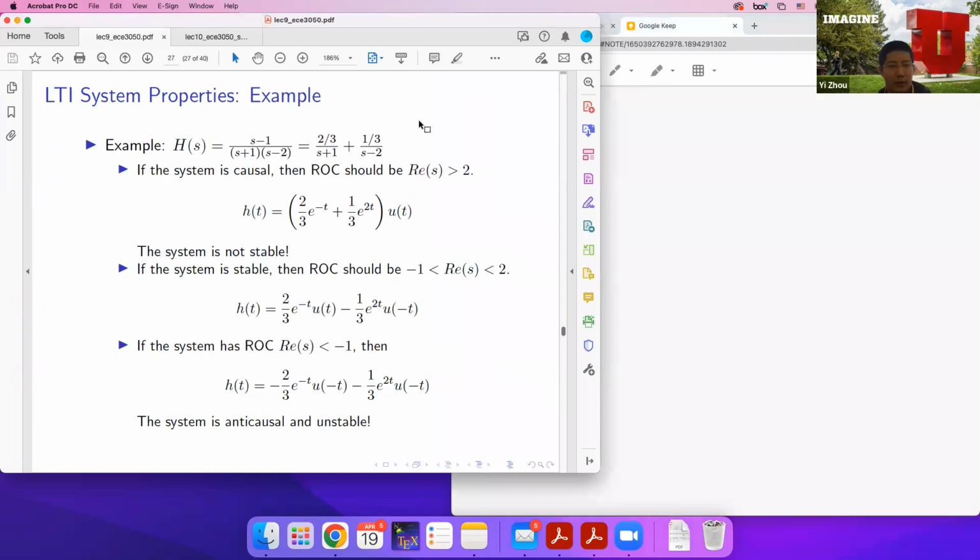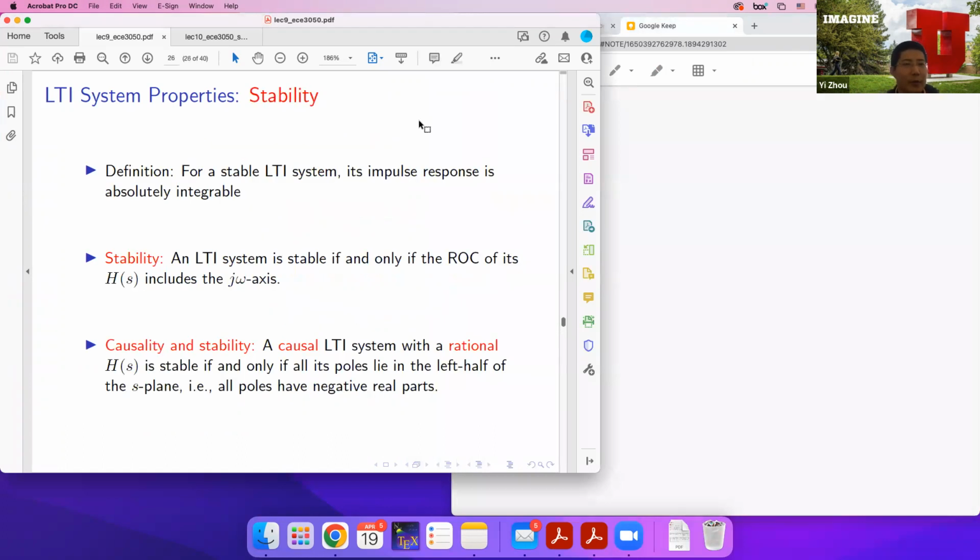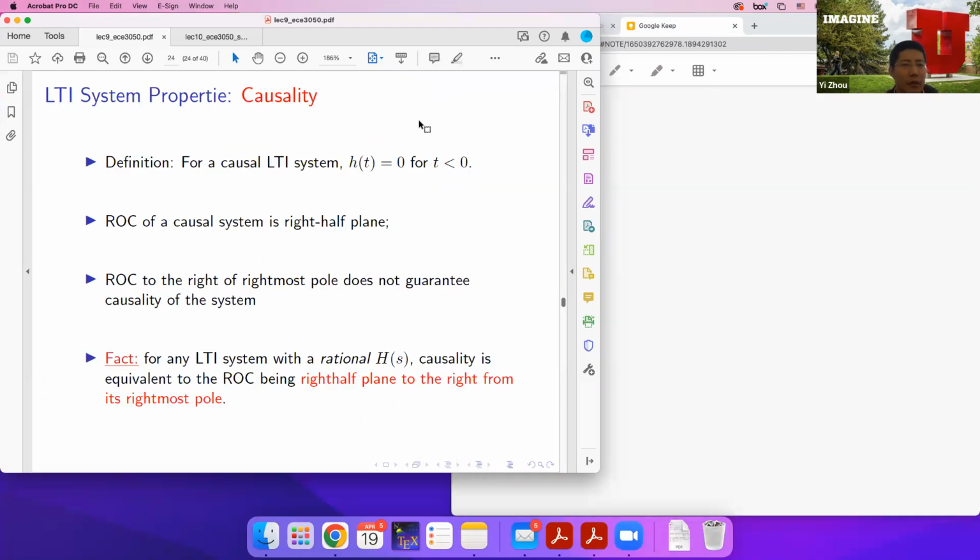Last time we discussed the stability and causality of LTI systems by looking at the Laplace transform.